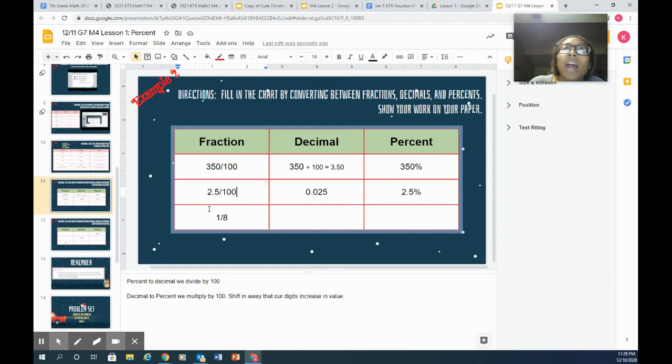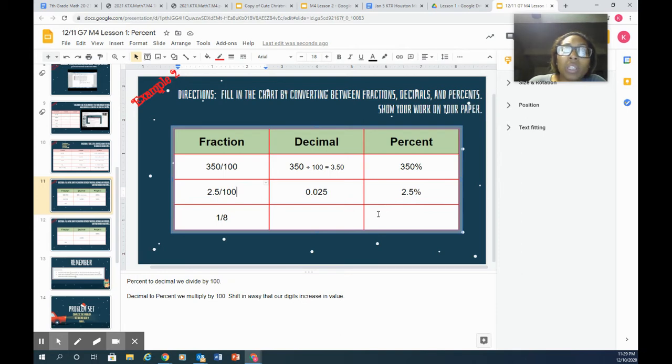So now we have from a fraction. And what we want to do is take this fraction and go to a decimal, and also convert it to a percent. Let's start by converting it to a percent, shall we?